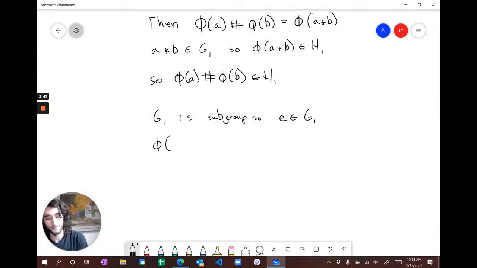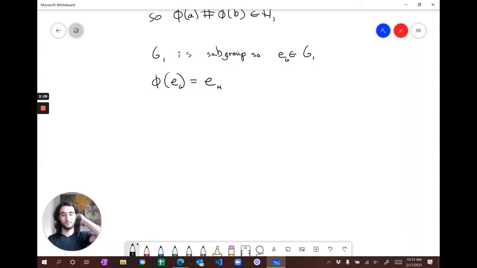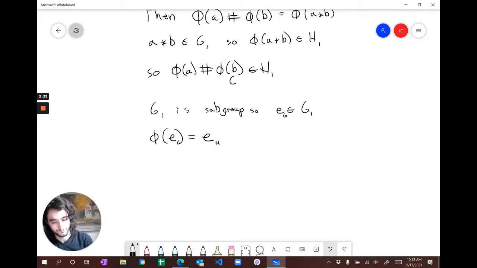So phi of E, where that E is from G, must map to the other E, where that E is in H. Sometimes people write it with little subscripts to clarify that one's from G and the other's from H. That's phi of something in G1, and so you're in phi of G1, which we've been calling H1.